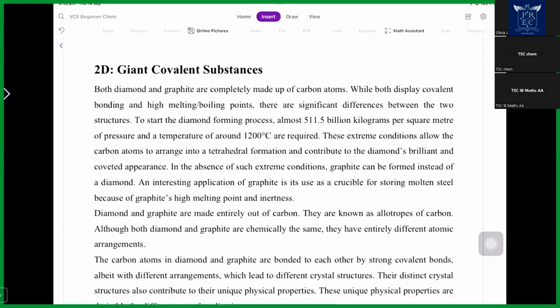So their bond strength also depends on how many electrons they share.